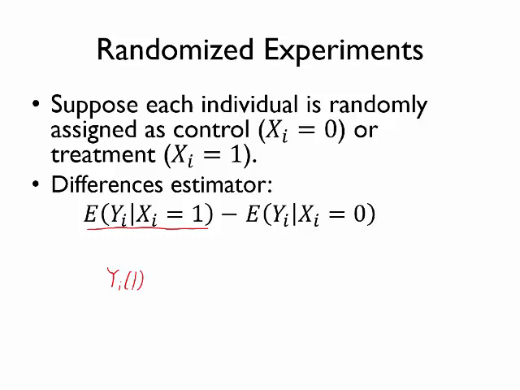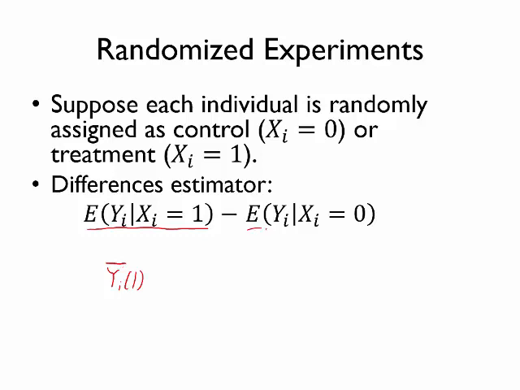In other words, since we have randomly selected a number of individuals from the sample and we've assigned them to treatment, we're probably getting a good unbiased estimate of the average of the potential outcomes of all individuals had they participated in treatment.